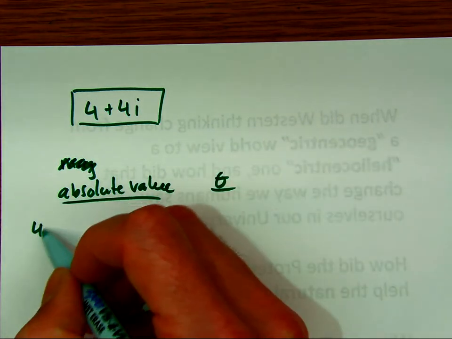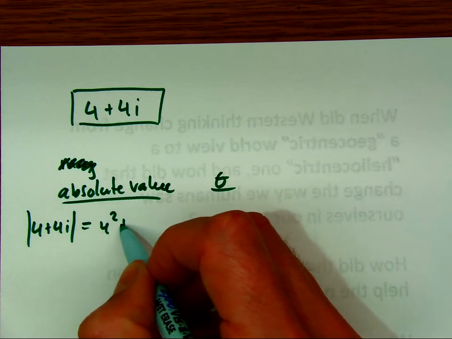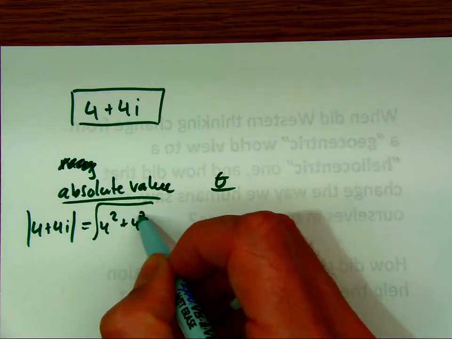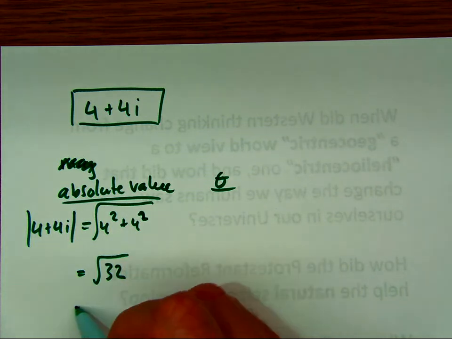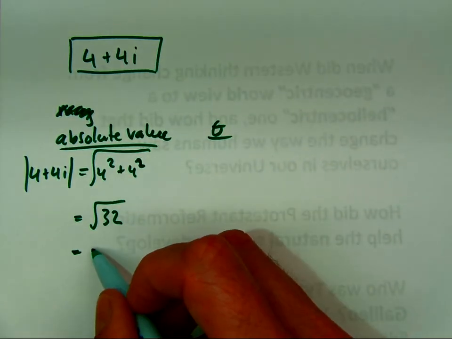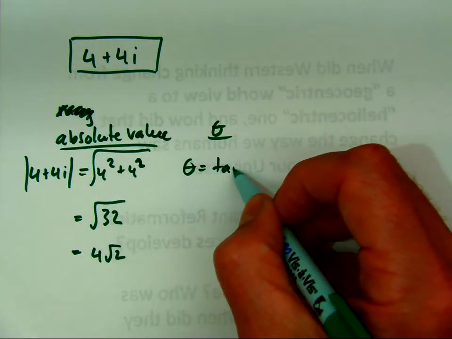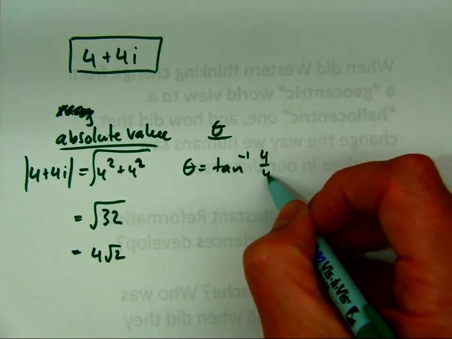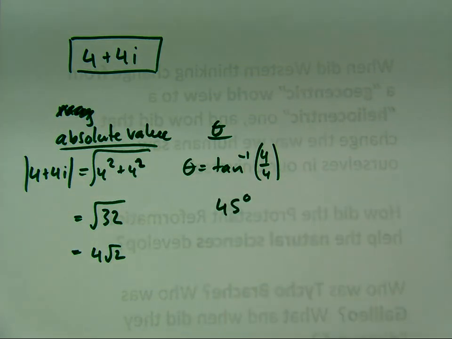The absolute value is the square root of 4 squared plus 4 squared. Inverse tangent of 4 over 4 gives us 45 degrees.